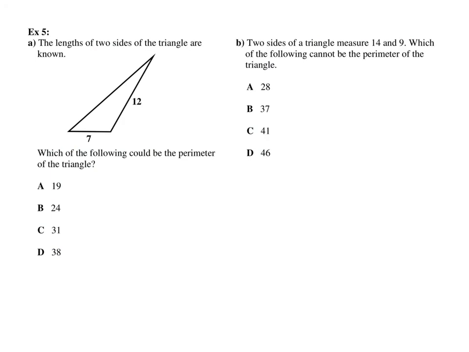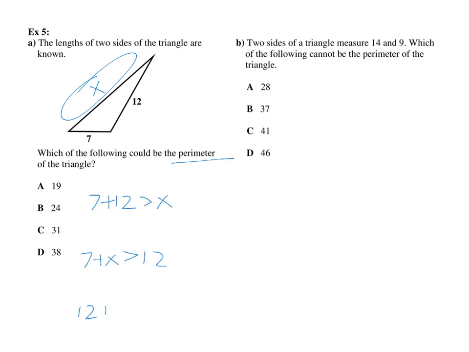Example 5, the lengths of two sides of a triangle are known. Which of the following could be the perimeter of the triangle? Well, let's first figure out what the possible lengths for the third side can be. So I'm going to call this x. So I'm going to have 7 plus 12 is greater than x. I have 7 plus x is greater than 12.